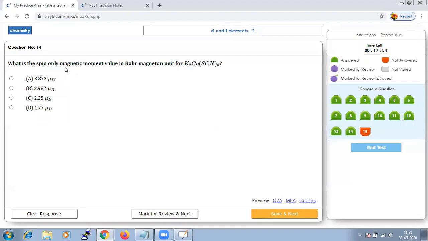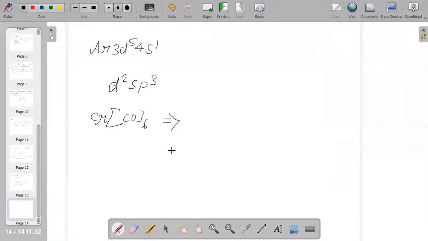What is the spin only magnetic moment value in Bohr magneton units for K2[Co(SCN)4]? This is also of the same format. We have to calculate for cobalt in [Co(SCN)4]2-.